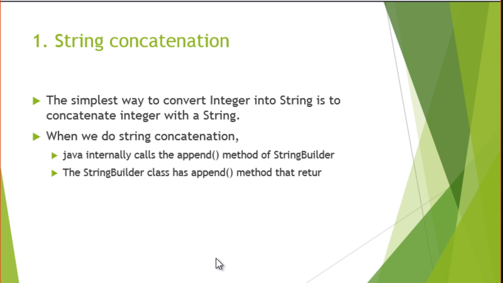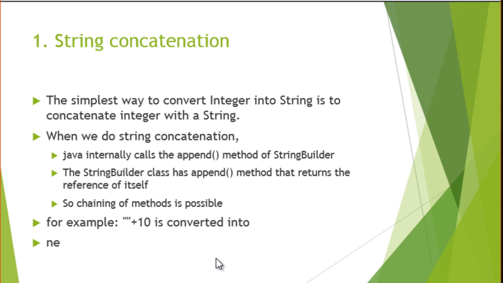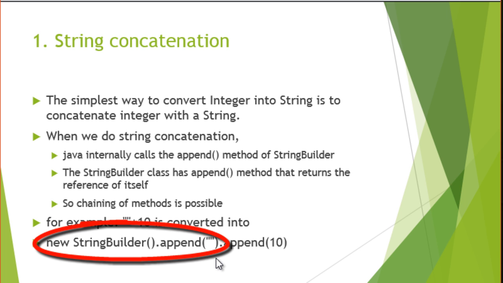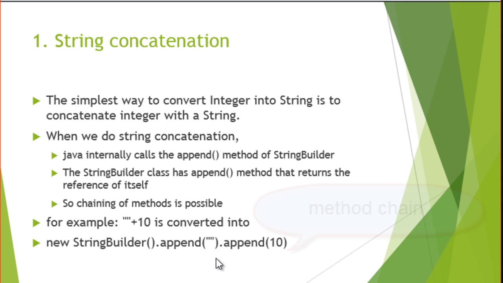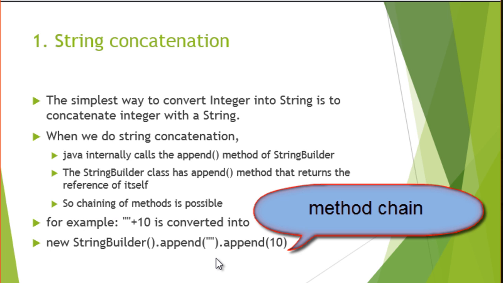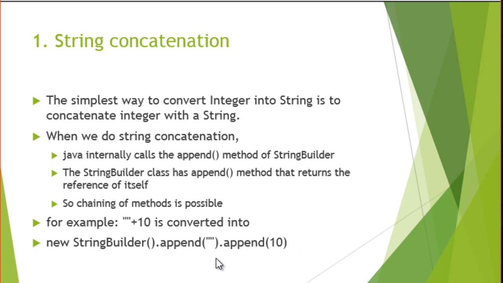When we do string concatenation, Java internally converts that concatenation into an append method of the StringBuilder class. This append method has a return type of its own class, that is StringBuilder, so chaining of method is possible.